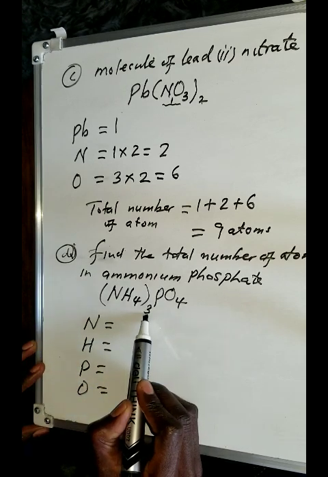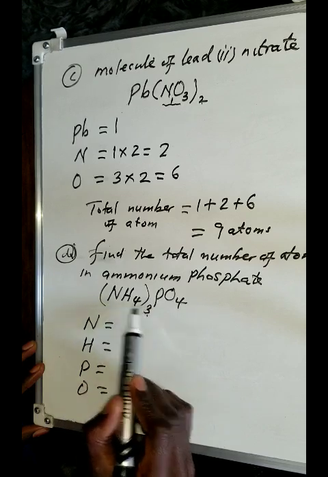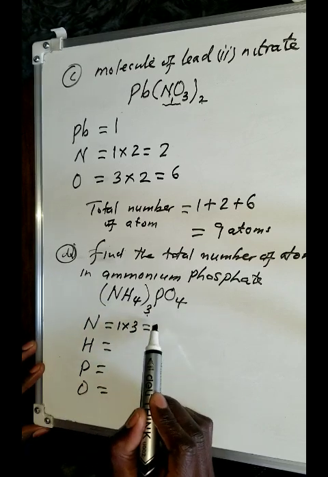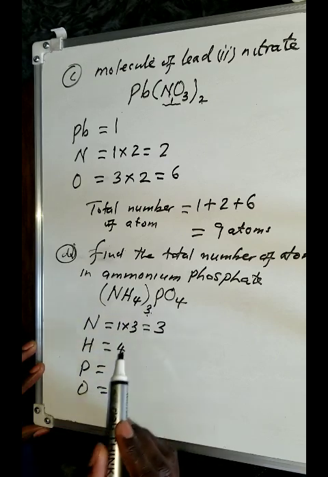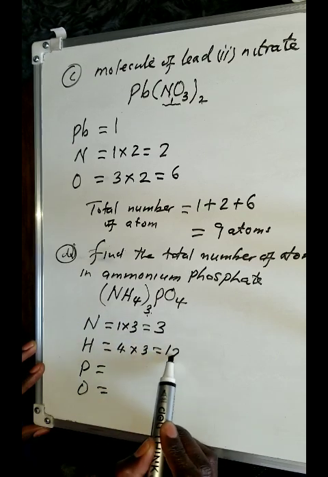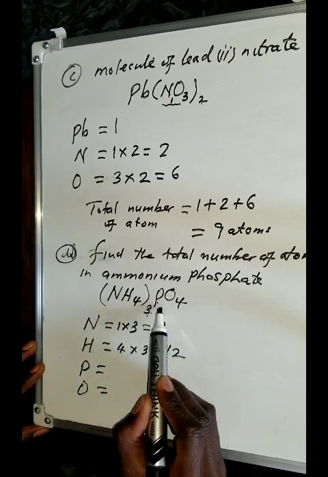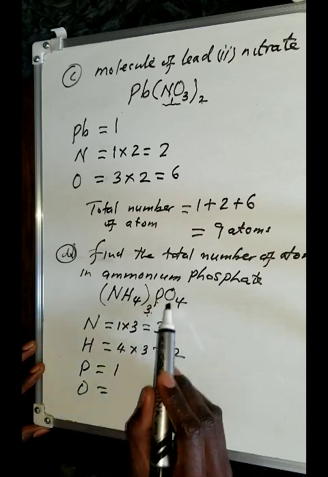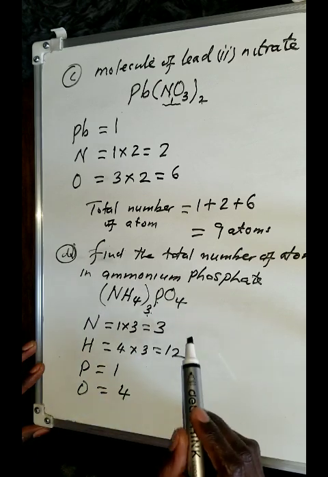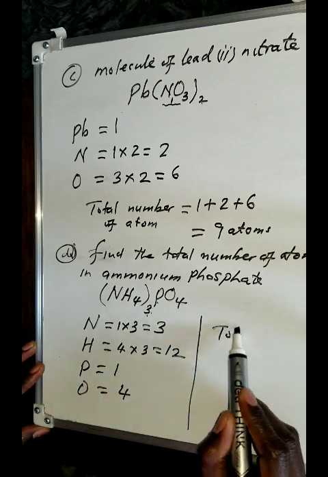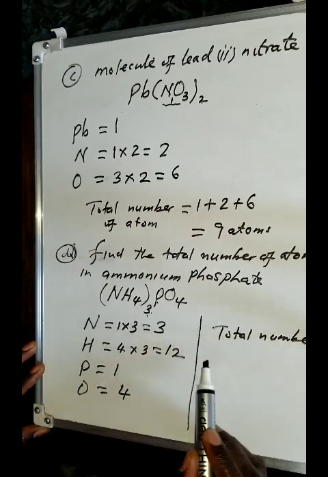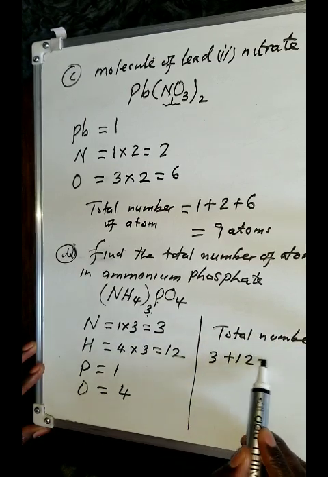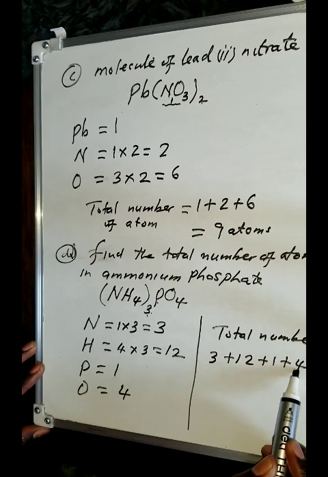Remember that the 3 outside multiplies. For nitrogen there's a 1, so it's 1 times 3, which will give you a 3. Then hydrogen, there are 4, but times the number outside, times 3, that gives you 12. Phosphorus here, there's only a 1, and oxygen, there's only a 4. To find the total number of atoms, you simply add them: 3 plus 12 plus 1 plus 4.